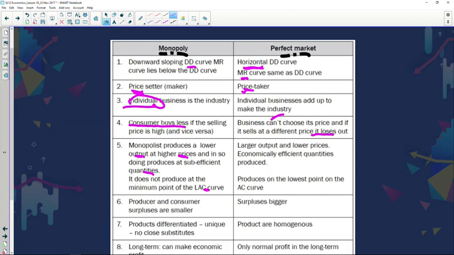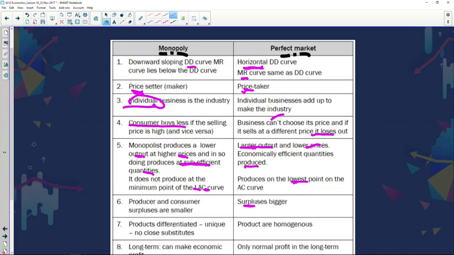Over here there is a larger output and lower prices, so there are economically efficient quantities produced, and the firm produces at the lowest point on the AC curve, the LAC curve. The producer and consumer surpluses are smaller in a monopoly, and over the side they are bigger.